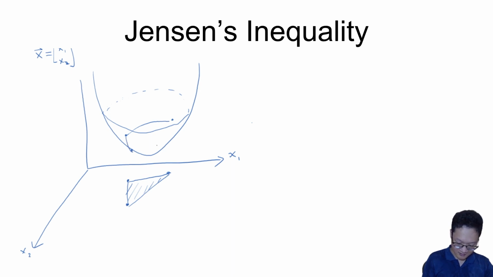And then this kind of goes behind the function. So this is the portion of the surface which is the result of evaluating all the input vectors inside the triangle.